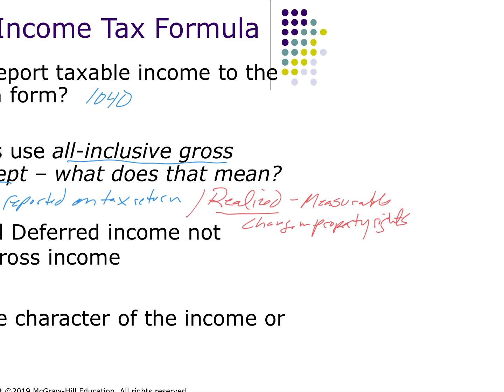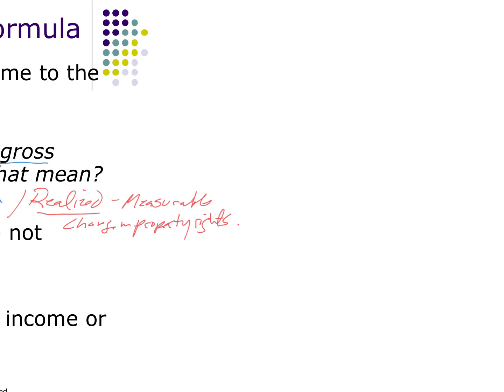So realized is a measurable change in property rights. All realized income is included in gross income unless it's specifically excluded or deferred. So I'm going to write that down.